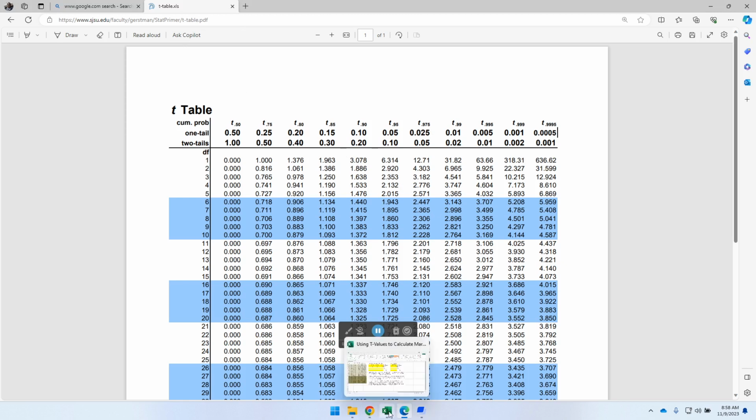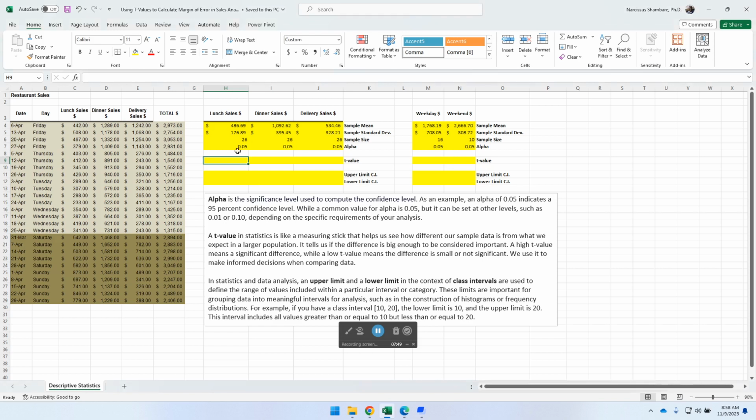Now, for me to be able to read out the t-value that I want, I have to know what the sample size is. We know the sample size is 26, and I also need to know the alpha, right?